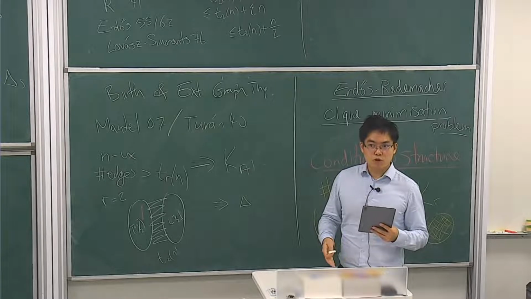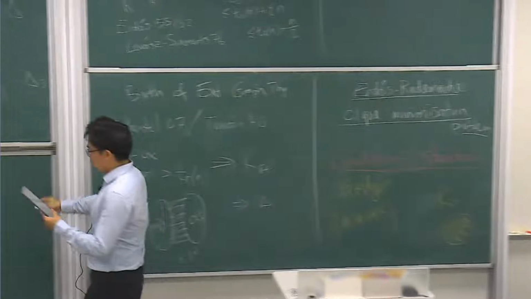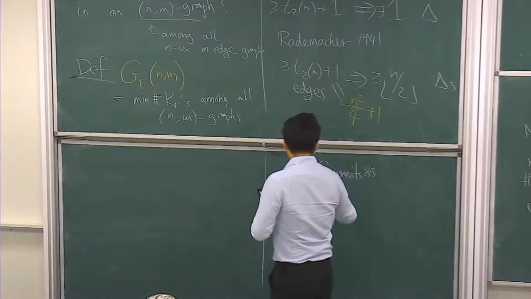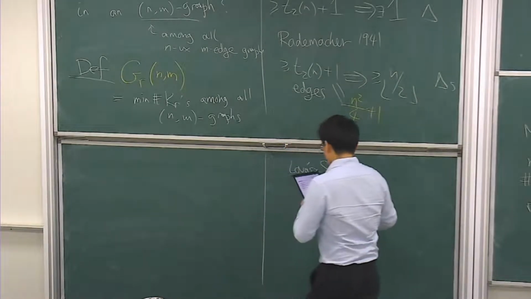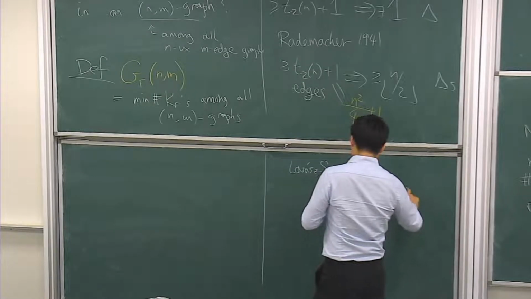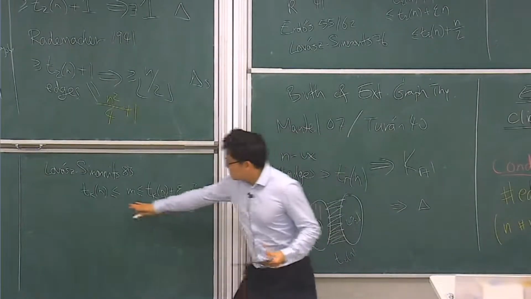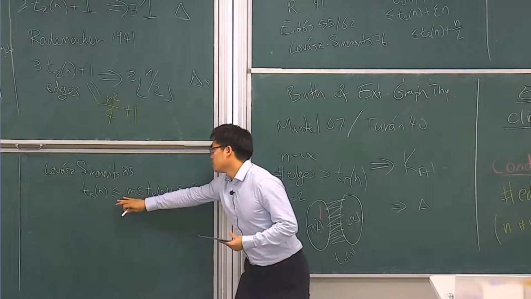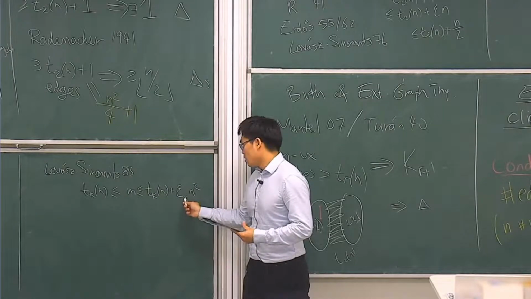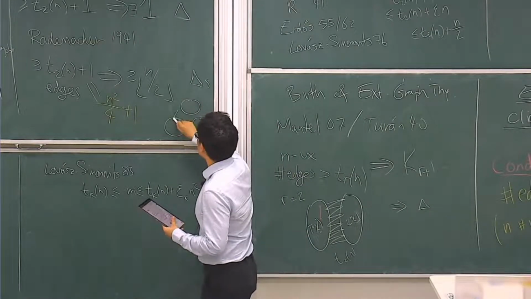cliques, the clique minimization problem, when the number of edges is around Turán density. So in particular, for the triangle case, if your graph's number of edges is very close to, this epsilon depends on k, the Turán density, meaning that this is when k equals 3, right?